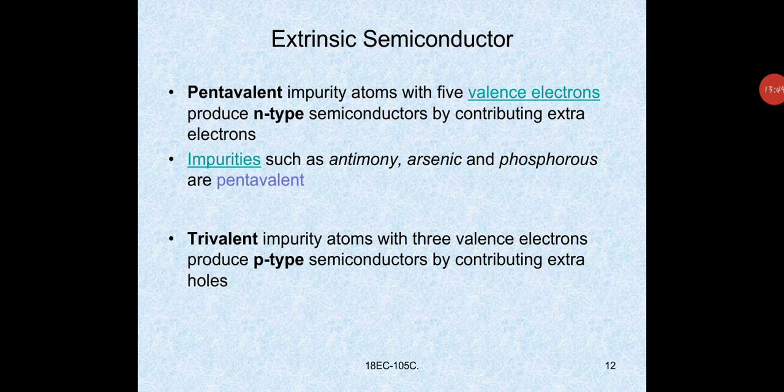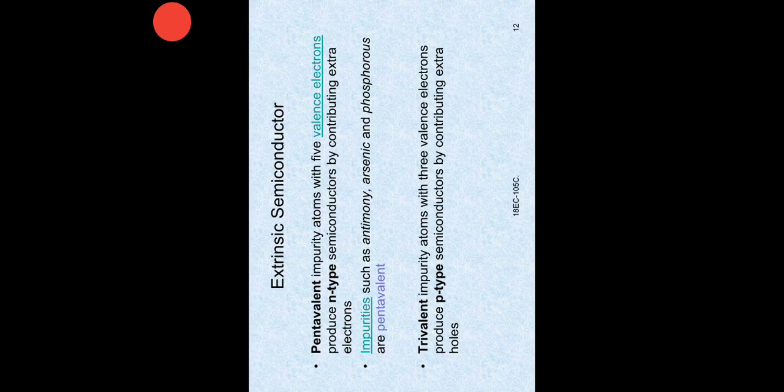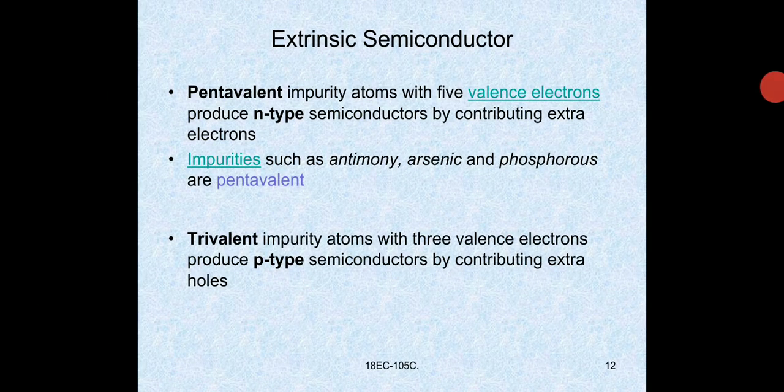Now the trivalent impurity atoms with 3 valence electrons produce a p-type semiconductor by contributing extra holes. That means there is a deficiency of electrons, which is normally referred to as the presence of holes.